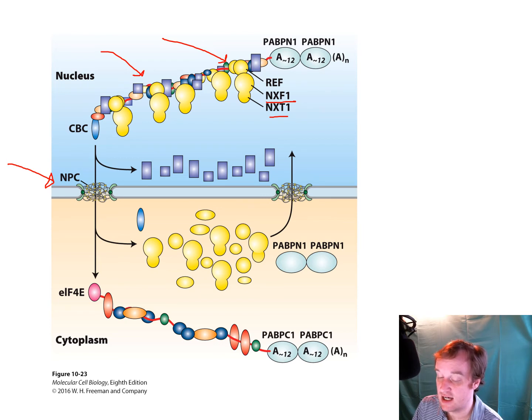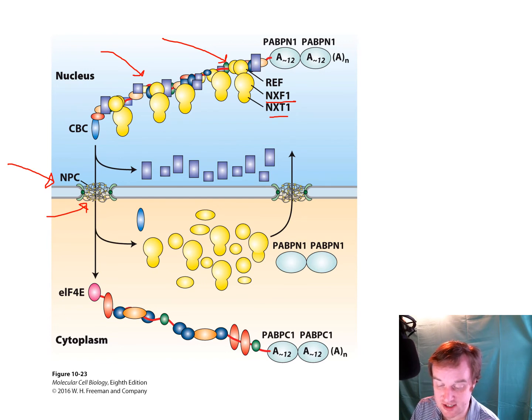This mRNP interacts with unstructured protein domains that will fill this nuclear pore complex. You can kind of see all this stuff within the nuclear pore complex there. During this mRNP export, some of the mRNP proteins dissociate from this complex before going through.